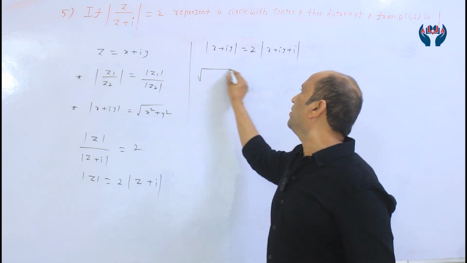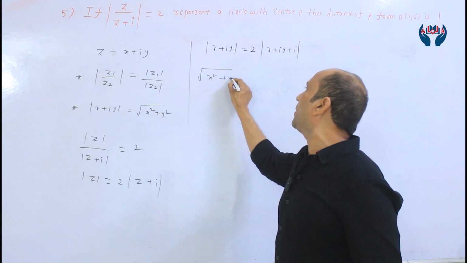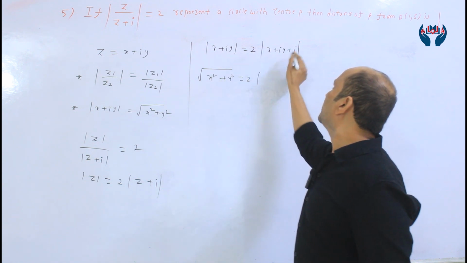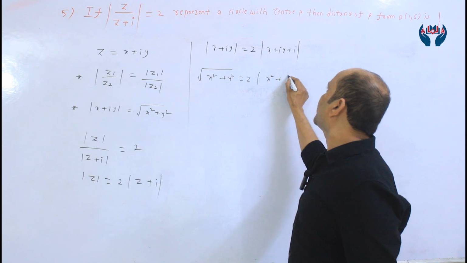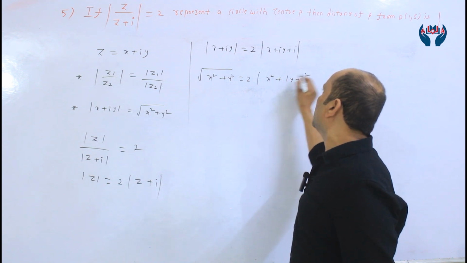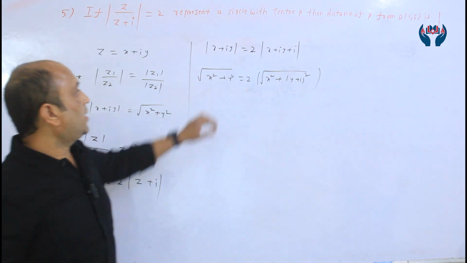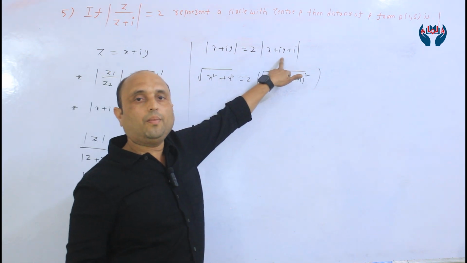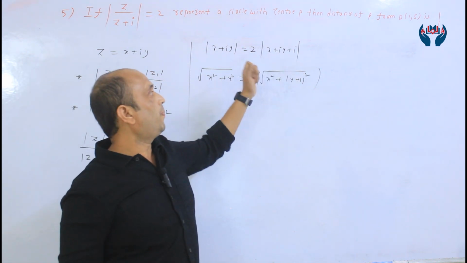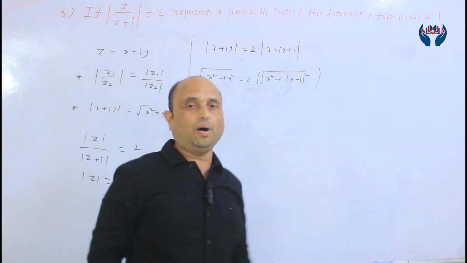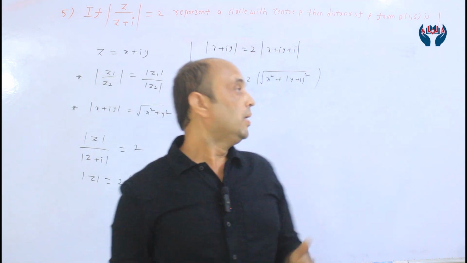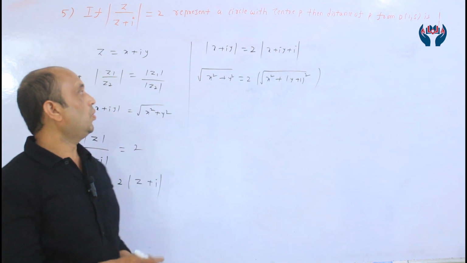This is in the form of under root of x square plus y plus 1 whole square. Taking i common from this, it is again in the form of mod, that is under root.